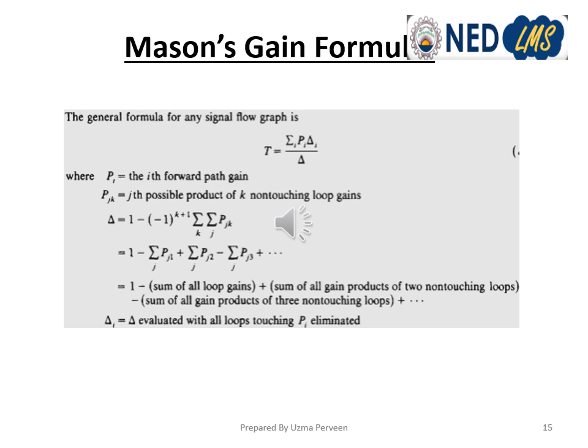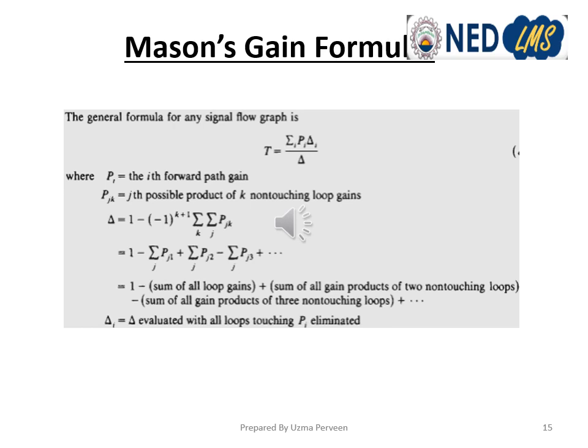Second is del. We'll calculate del according to the formula. Here in the third line, del equals 1 minus summation Pj1 plus summation Pj2 minus summation Pj3 and so on. This is an easier form of del, which is why I'm explaining it. This is actually 1 minus the sum of all loop gains.